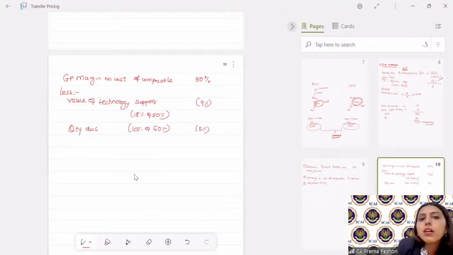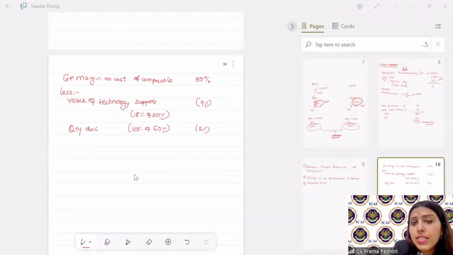Right? Third adjustment. They have said that in case of rendering services to ABC, LMN does not incur any risk or marketing cost, but it incurs the marketing cost and other risks, amounting to 12% of normal gross profits for XYZ.